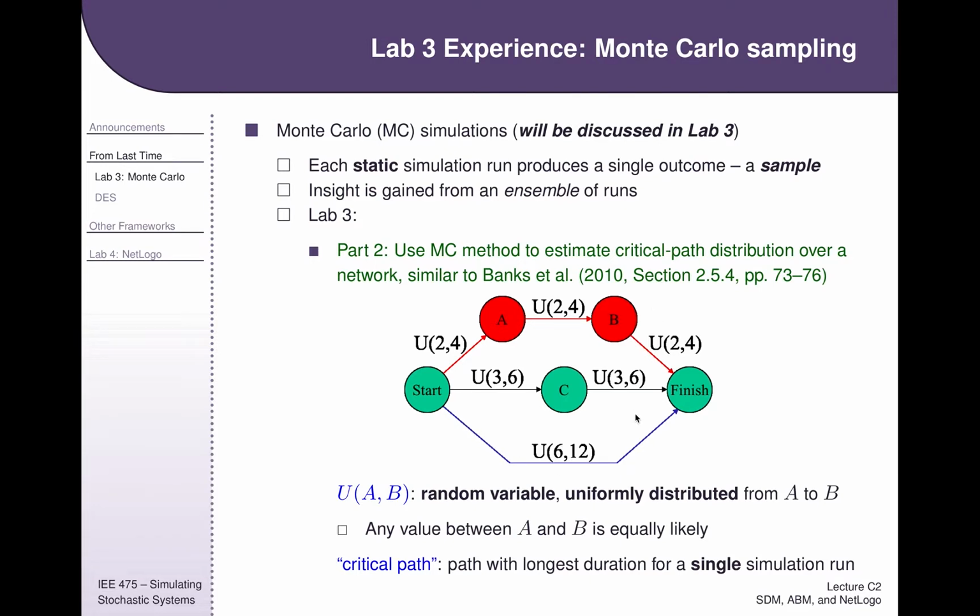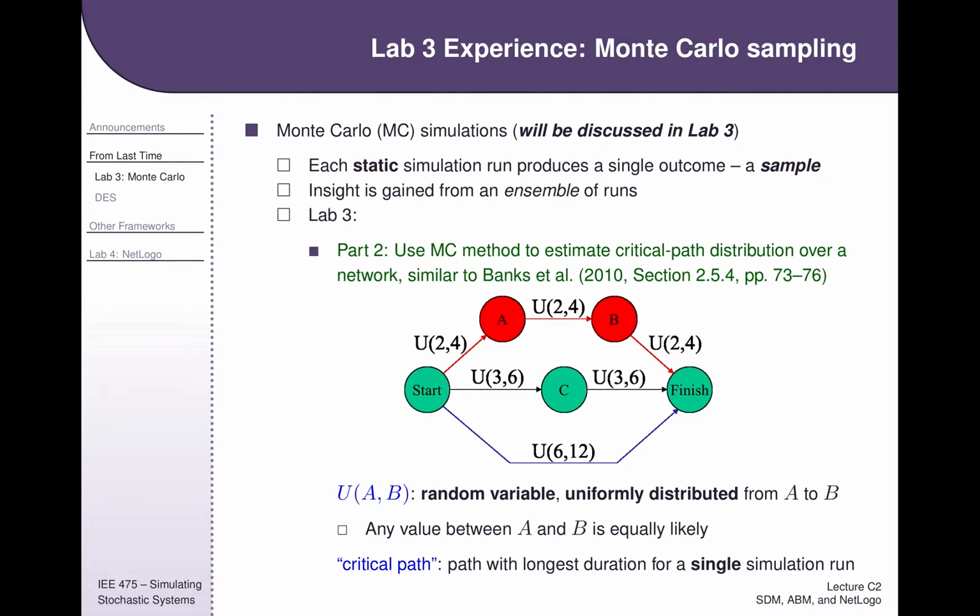Even though all three averages are 9 minutes, you can think of one path as going to sit right at 9 minutes, and then another path is going to be a little fatter. It might have a curve that is less compressed around 9 minutes, and the other one is going to be pretty fat. And the one that's pretty fat, even though it's centered around 9 minutes, is going to be more likely to have times that are much larger than 9 minutes, and that's what's going to cause it to be the critical path more often.